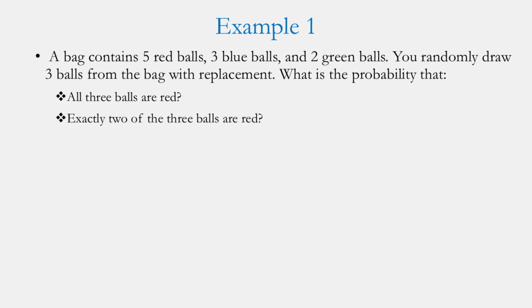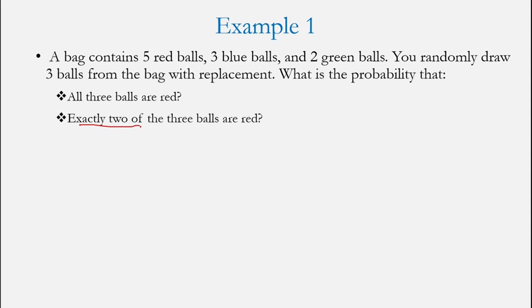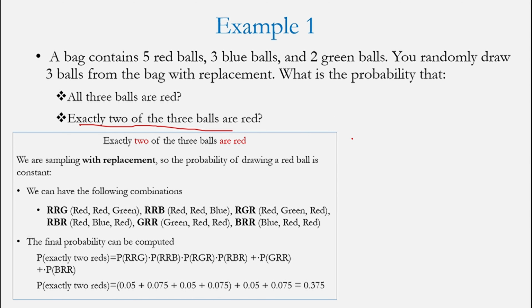Next, we're going to discuss the second part of that example: the probability that exactly 2 of the 3 balls are red. We can use a probability tree to visualize the selection process. In each selection we have R, G, B, where this is 0.5, this is 0.2, and this is 0.3, all of them totaling 1.